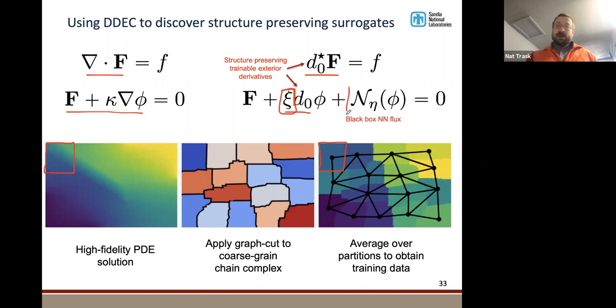But then you have a black box neural network here, right? And so basically what you're left with is a universal approximator. You can approximate any sort of nonlinear flux, but you're setting it up as a perturbation of a nice elliptic operator.